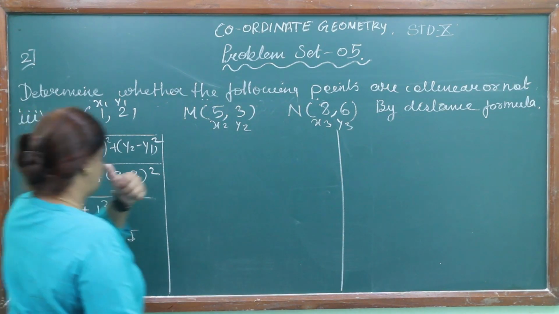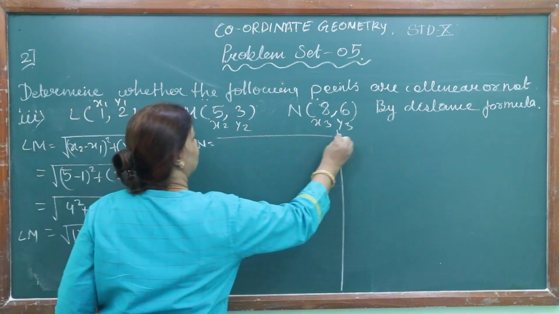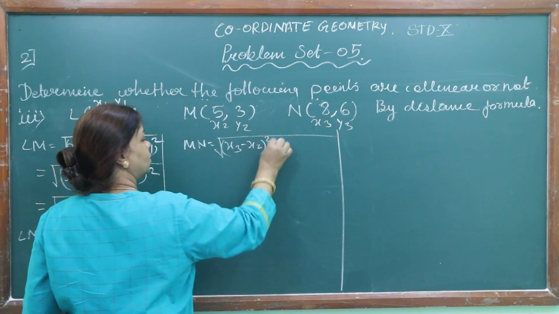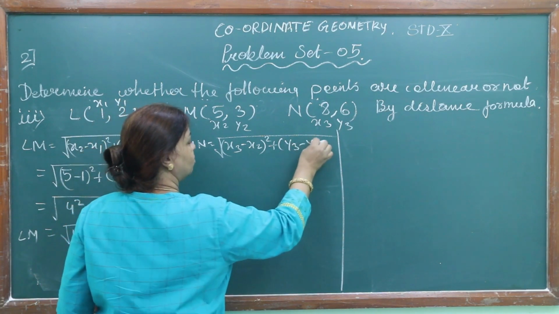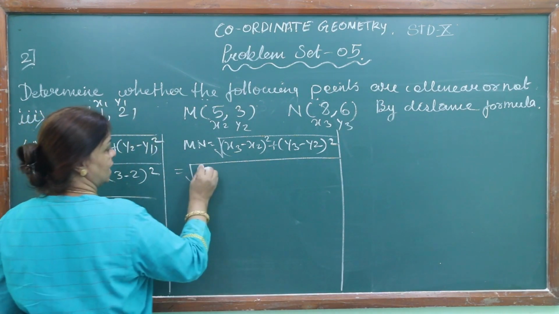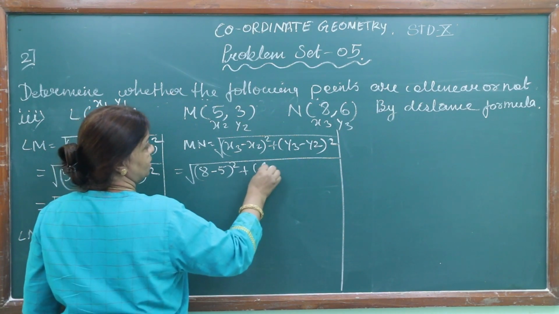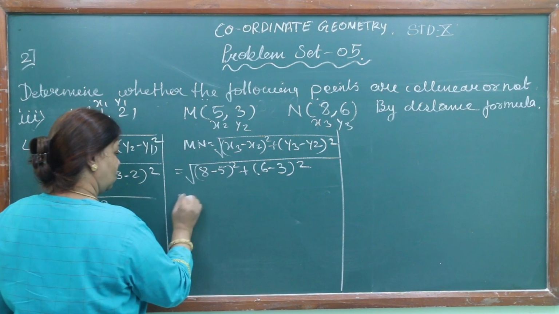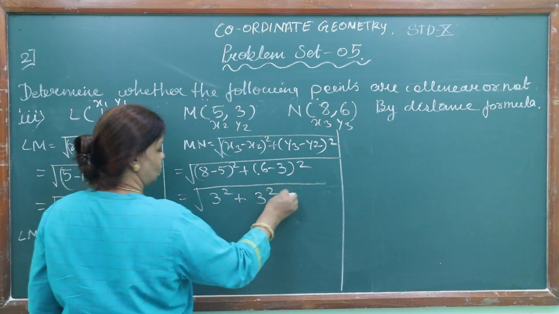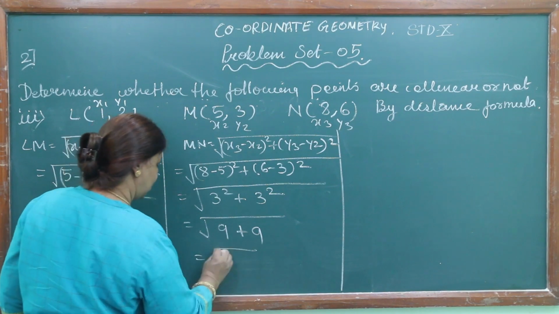This is the first statement. Now find out MN, under the root (x3 minus x2) the whole square plus (y3 minus y2) the whole square, under the root (8 minus 5) the whole square plus (6 minus 3) the whole square, which is equal to 3 the whole square plus 3 the whole square, which is equal to 9 plus 9, that is under root 18.